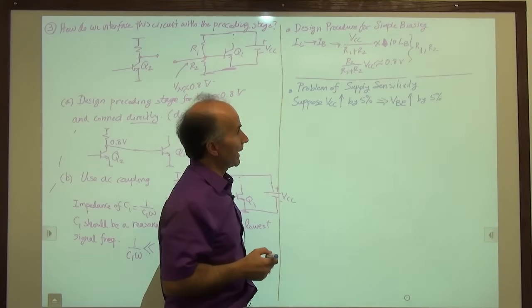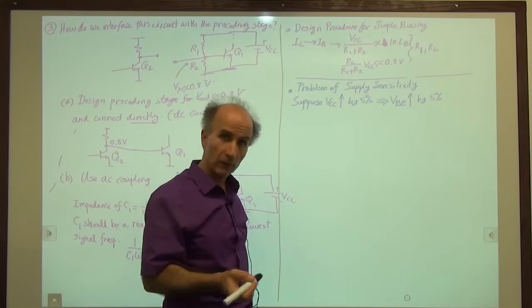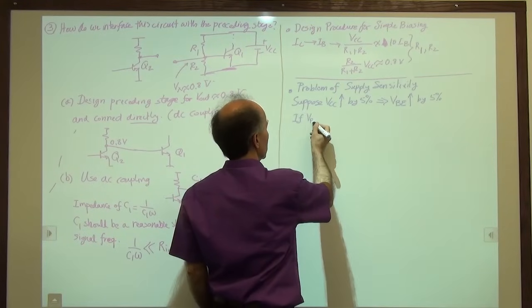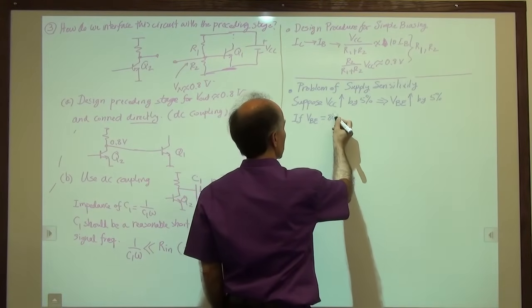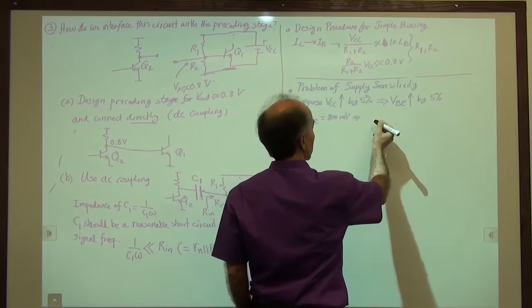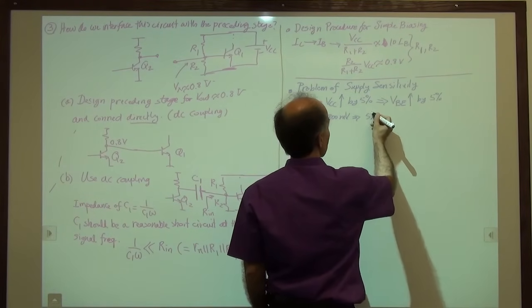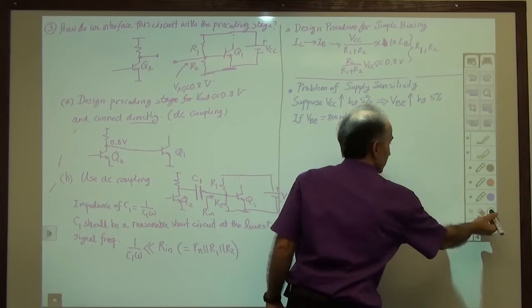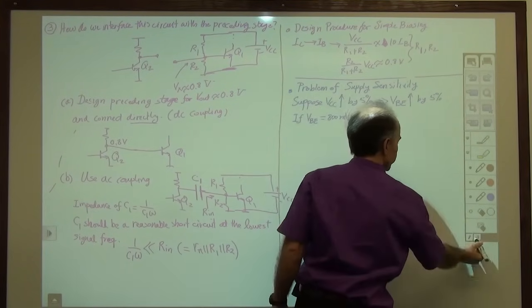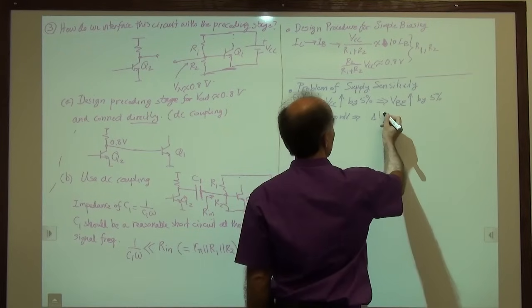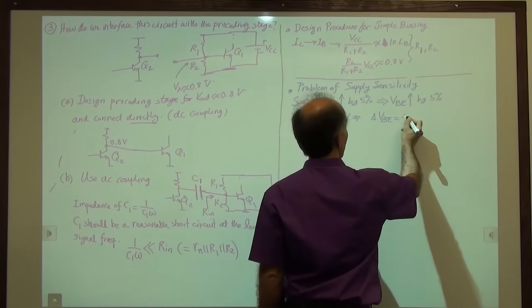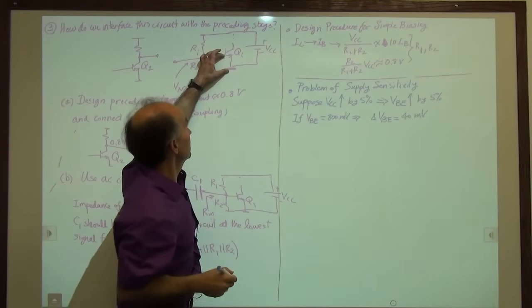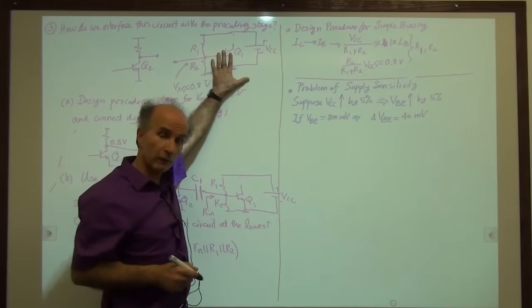For example, if VBE is 800 millivolts, then 5% is equal to, then delta VBE is equal to 40 millivolts. So the base emitter voltage here, which is provided by this divider, goes up by 40 millivolts.